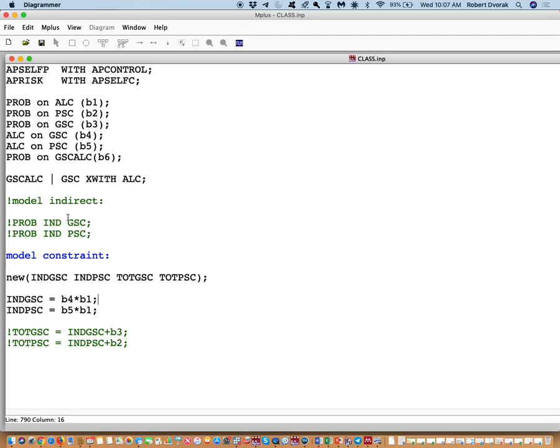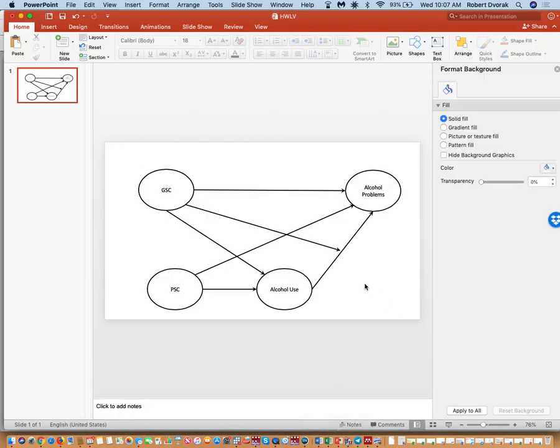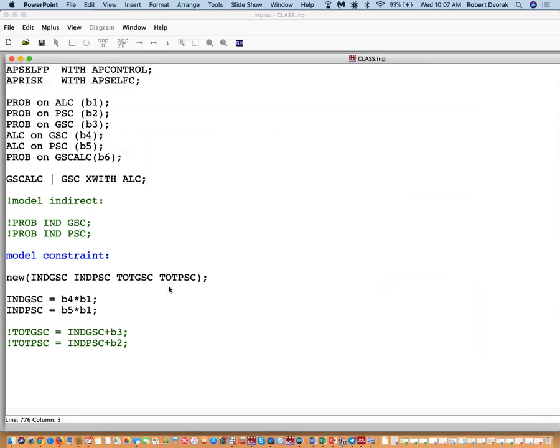Similarly, the path from poor self-control to alcohol use is B5, right? So if we look at our model here, this is path B4, right? This is path B1. This is path B5. This is path B1. So we're going to multiply B5 times B1. We're going to multiply B4 times B1, and that will give us those indirect effects.